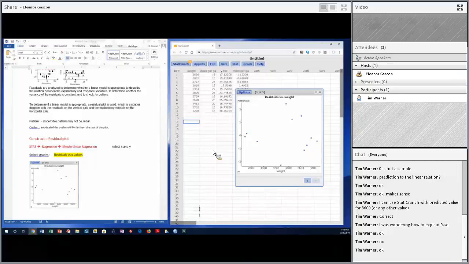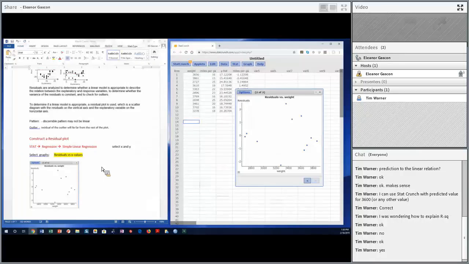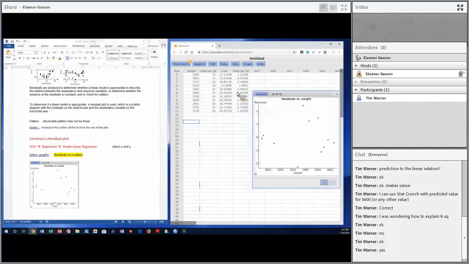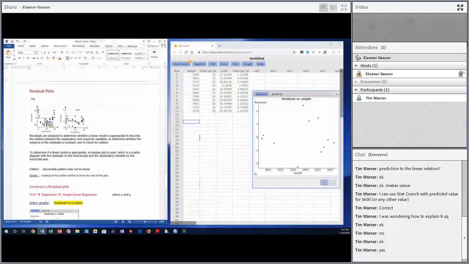Does that help a little bit? So if they ask you to choose which graph is the residual plot, that's how you can plot it. You don't have to plot it against weight yourself. It automatically does it without you going through all these steps.